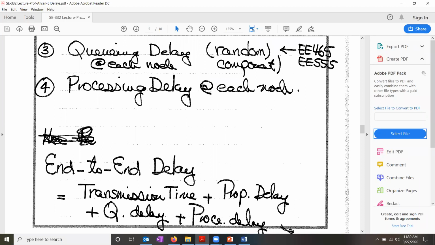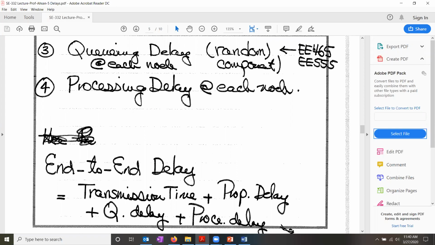Any question related to keying delay and processing delay? Regarding the random component in keying delay and EE465, don't worry about this. This is the course code for probability and high speed advanced networks.